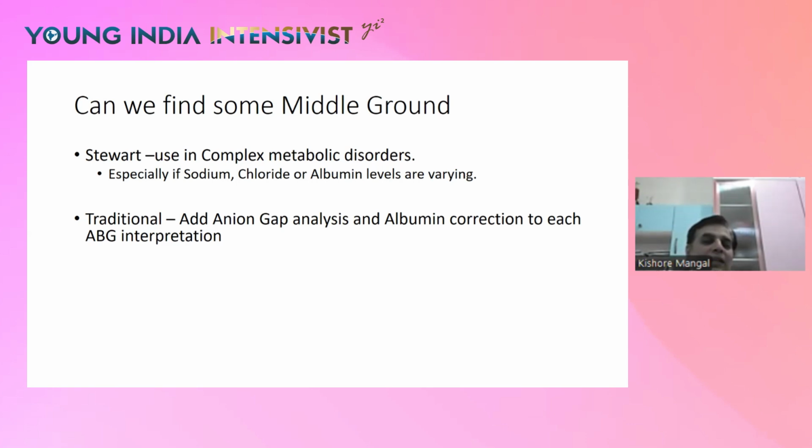Although phosphate levels are very low, so that can be excluded, albumin correction should not be excluded, especially if there is severe hypoalbuminemia, which we see very often in our septic patients, right?